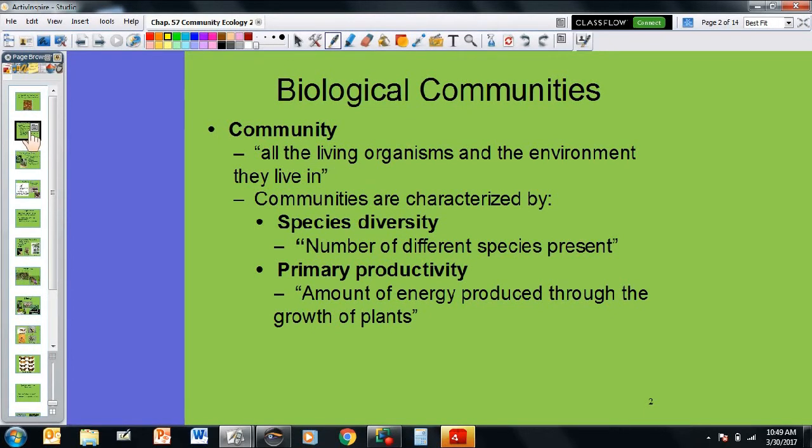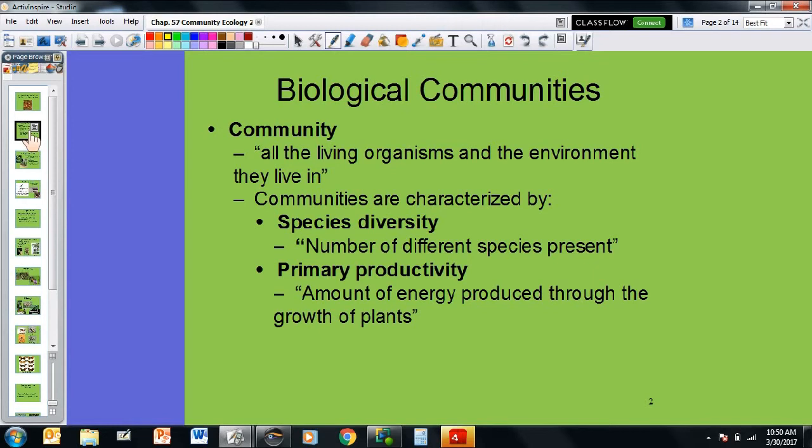If you're looking at community ecology, you're looking at the same thing, but instead of a single population, you have multiple populations. So in essence, you're looking at how well individual populations interact with each other and how well they share their environment. A community is characterized by species diversity and primary productivity.